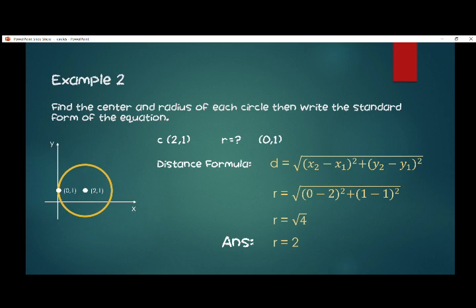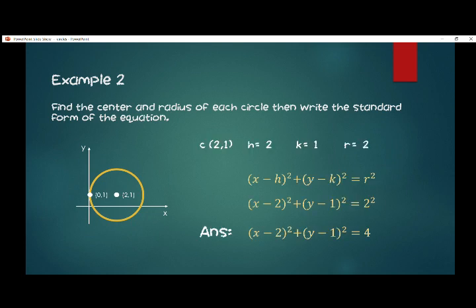And then since nahanap na natin ang radius, pwede na nating mahanap ang standard form of the equation. And ang ating gagamiting formula uli is the quantity x minus h squared plus quantity y minus k squared is equals to r squared. So ipa-plug in lang uli natin yung ating values. H is equals to 2 and k is equals to 1.